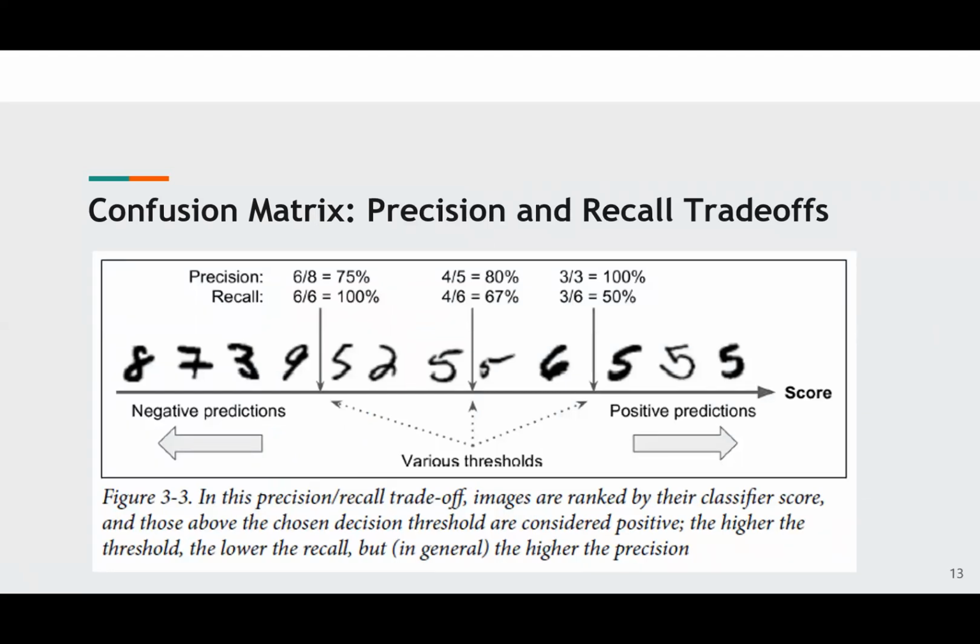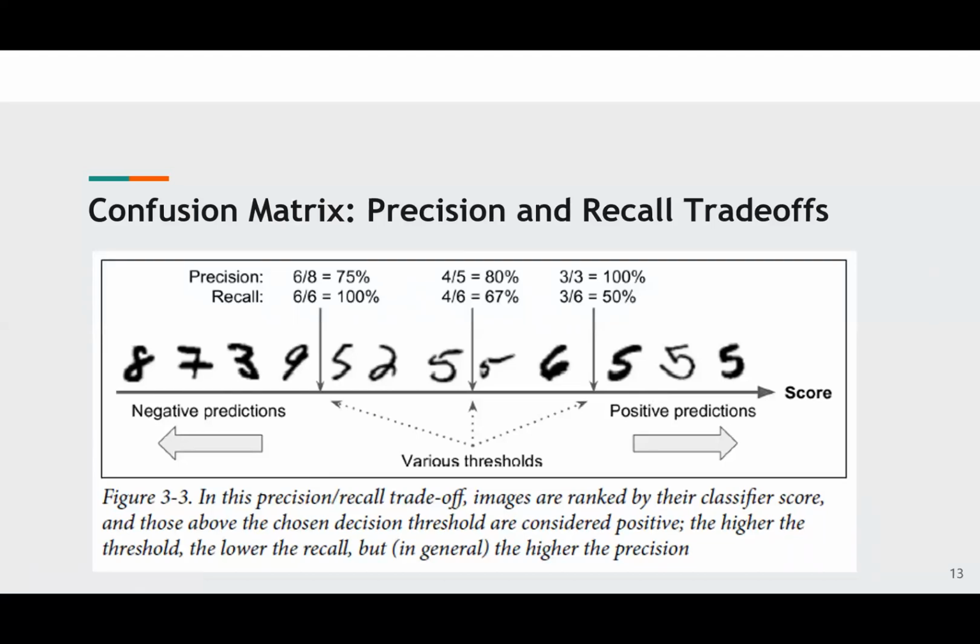Let's think about this graph. It's precision and recall trade-off. Let's look at this threshold here. On the right-hand side are the positive predictions, and on the left-hand side are all negative predictions. Let's look at the precision for this threshold. It's going to be 3 out of 3 because all of the 5s are correctly predicted, so there's no false positives there.